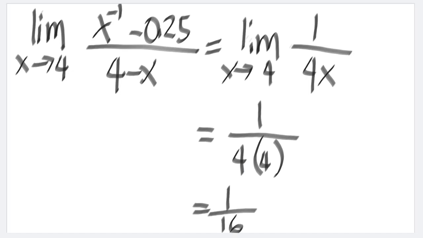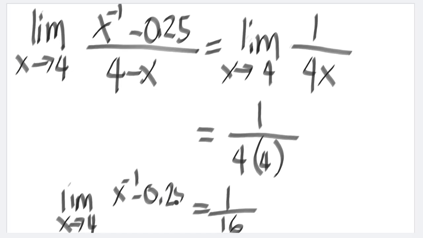So therefore, the limit of x raised to negative 1 minus 0.25 all over 4 minus x as x approaches to 4 is equal to 1 over 16.